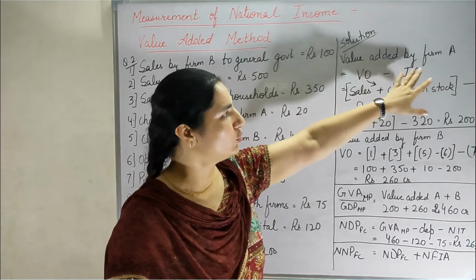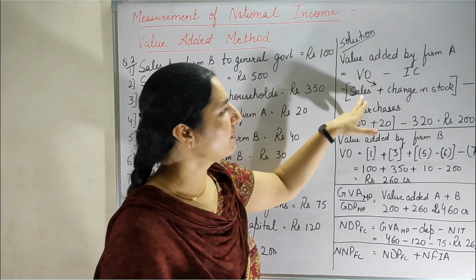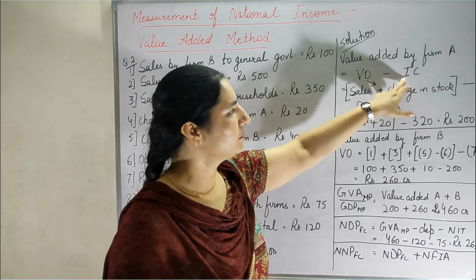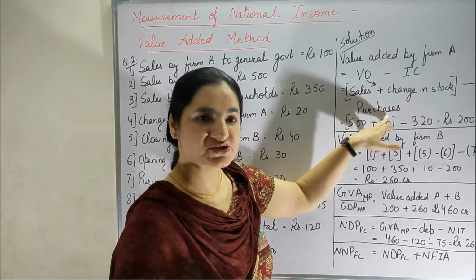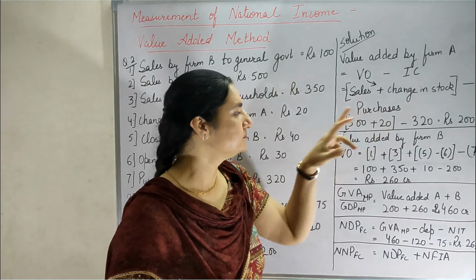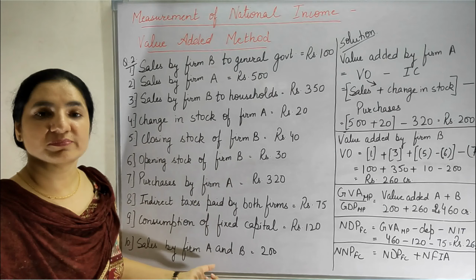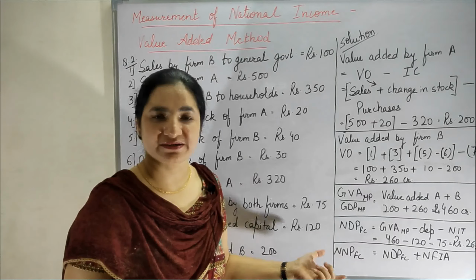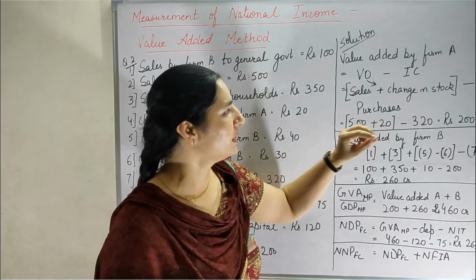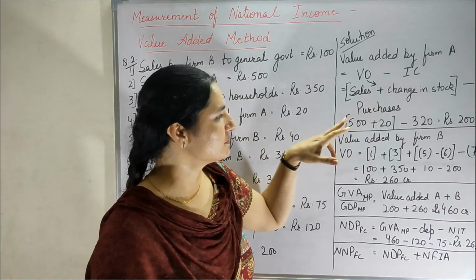So to calculate the value added by firm A, we have added sales to change in stock, and intermediate consumption is the purchases which will be utilized as raw material, and other information related to power, fuel, etc. is not given. So we have taken purchases only as intermediate consumption.